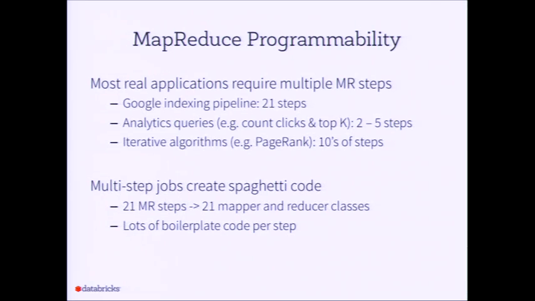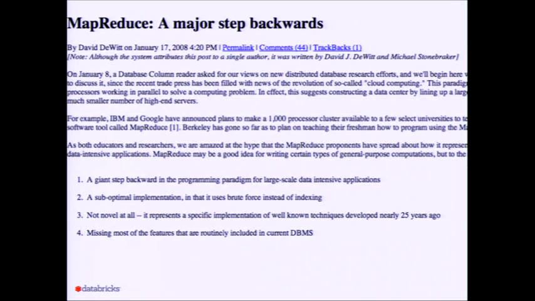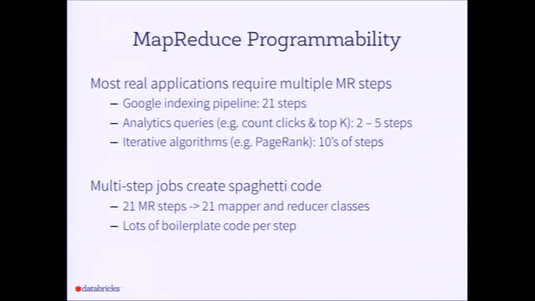However, if you look at the points Stonebraker was talking about, one part is a giant step backward in programming paradigm. What they were essentially referring to for MapReduce is the programmability. It turned out MapReduce as a lower level framework is great.